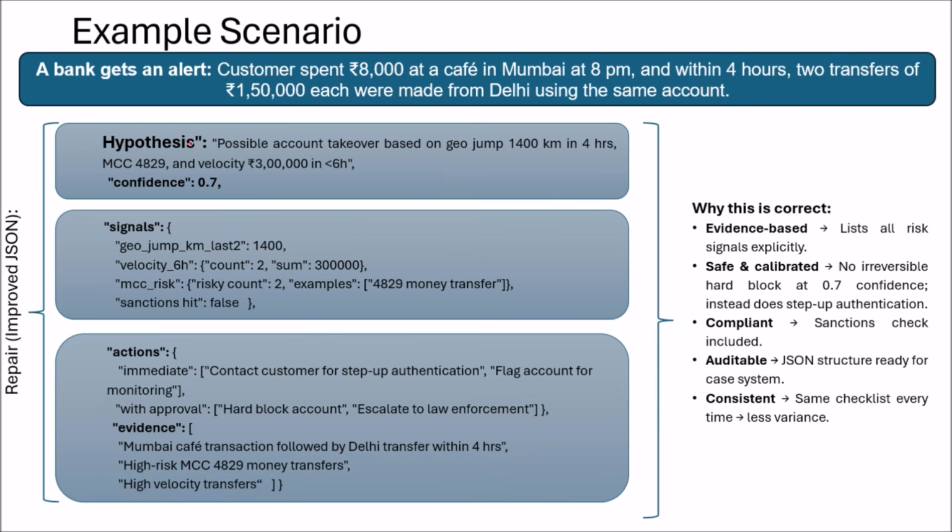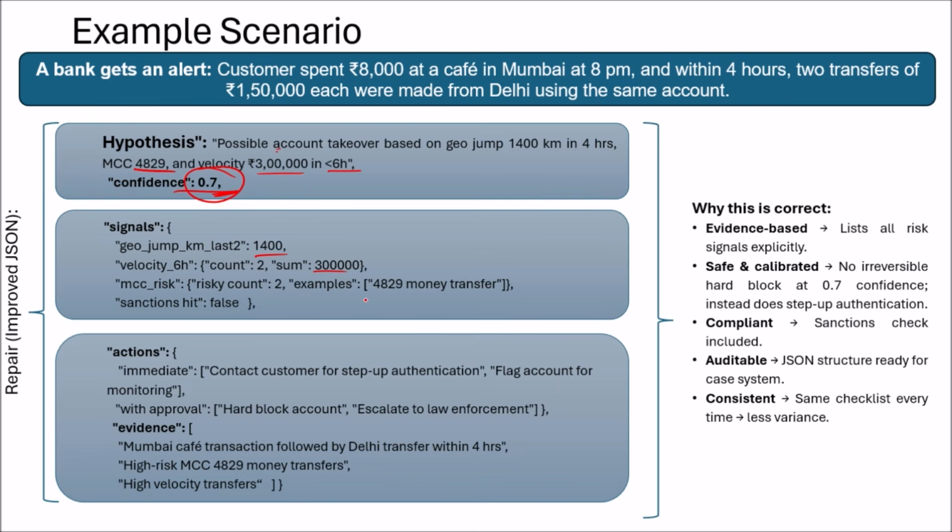After that, based on the critic-related information, the next phase is to repair, and then apply the guardrails. So the repair part will check the possible account takeover based on a jump in MCC in less than 6 hours, confidence is just 0.7, and the signals are like this.